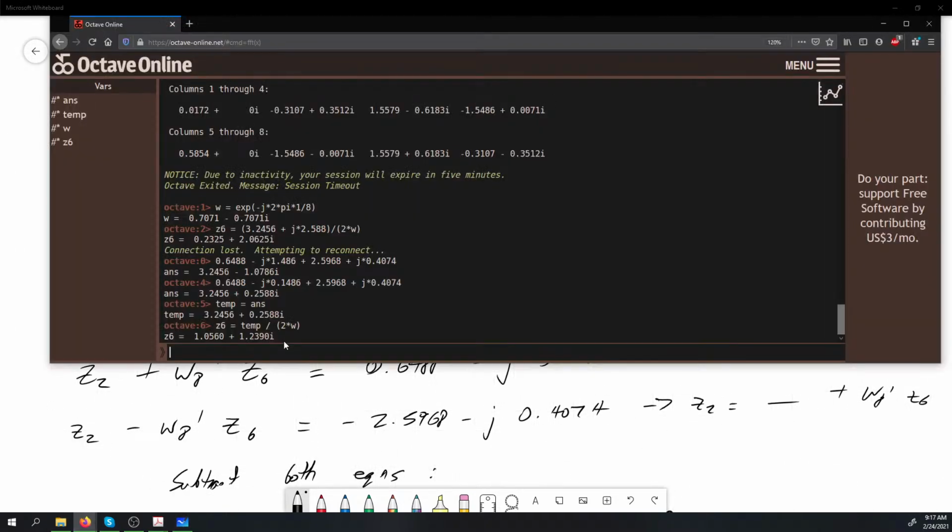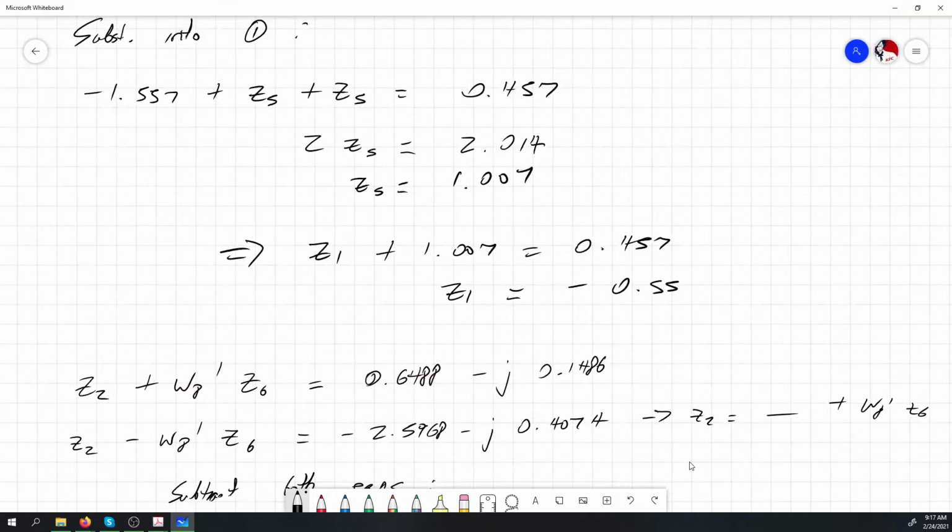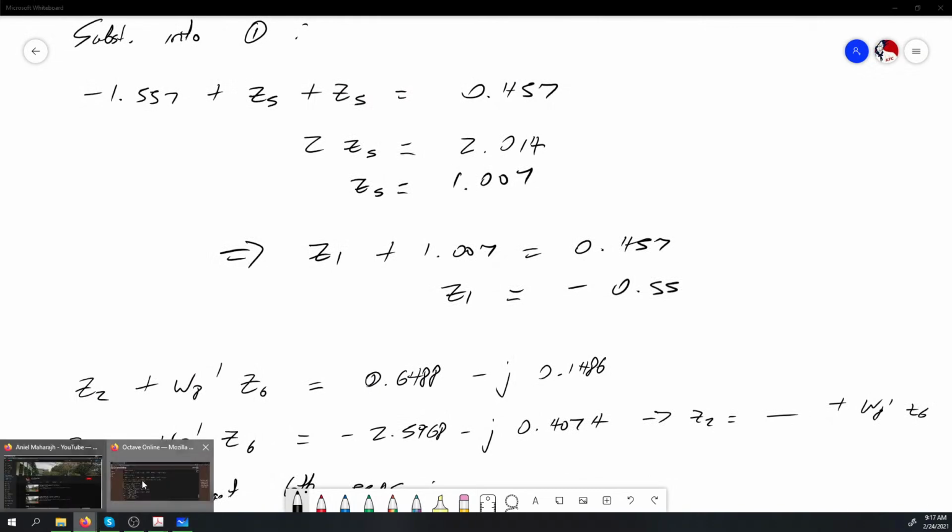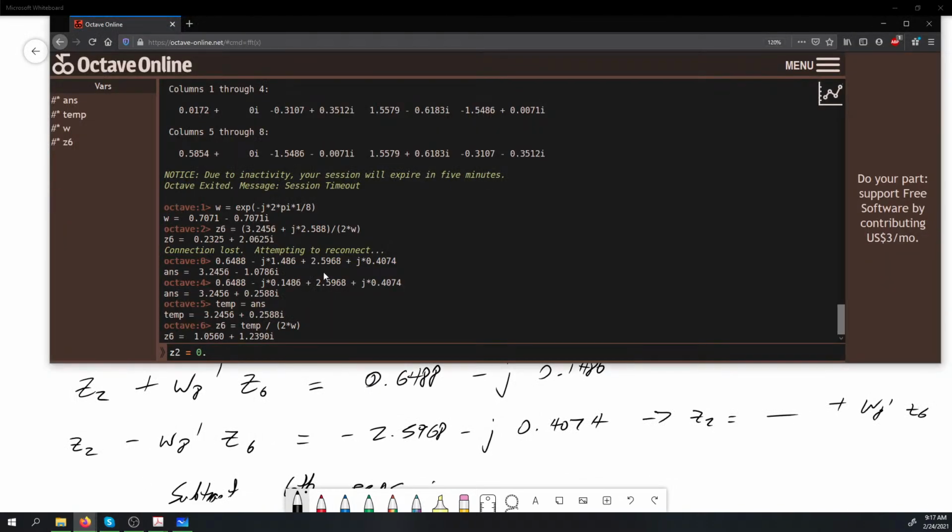So we're just going to go back in Octave here. And we can say z2 here equal to 0.6488 minus j by 0.1486 minus w by z6.